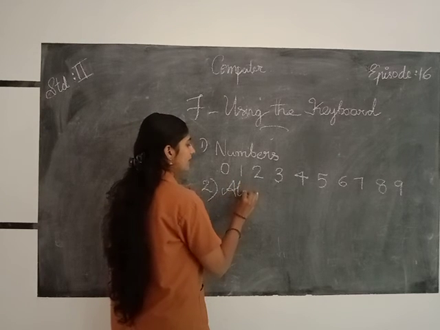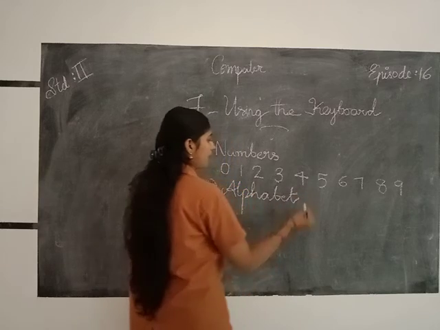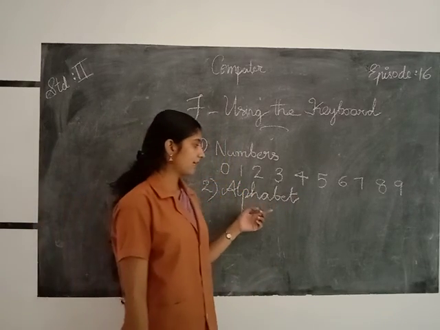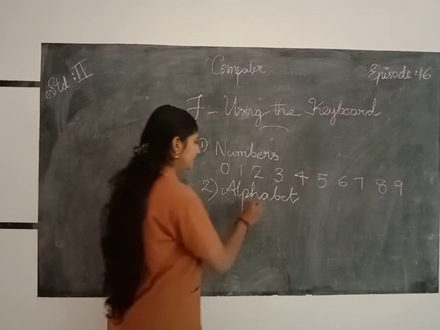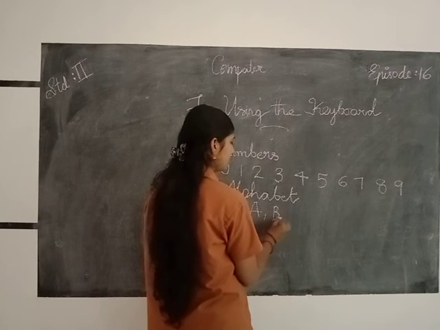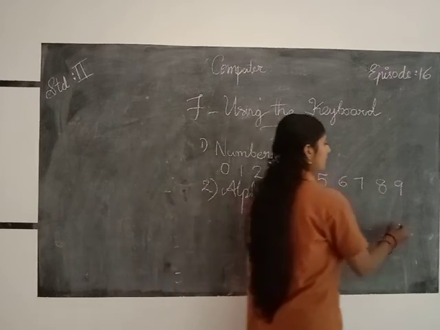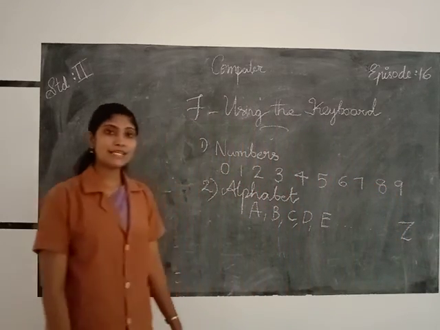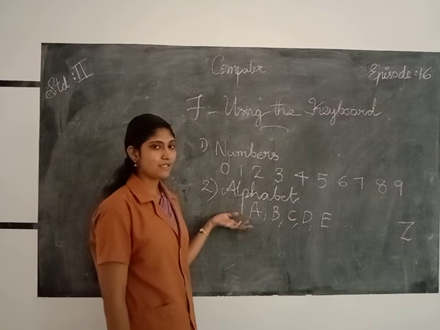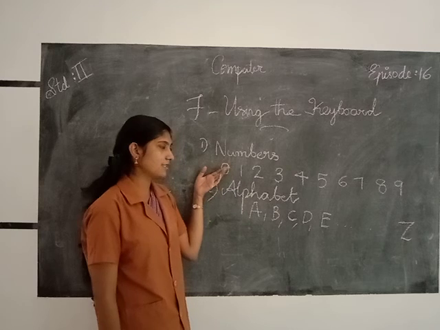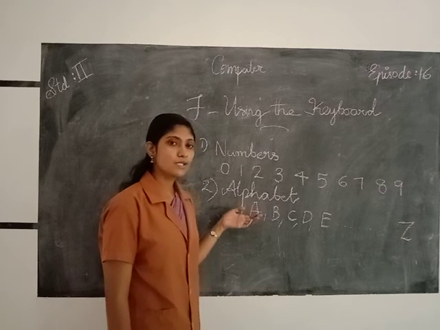A L P H A B E T. Alphabets like A, B, C, D, E, etc. up to Z. So, the letters from A to Z are present in the alphabetic keys, either small letter or capital letter. Both are present in the keyboard.